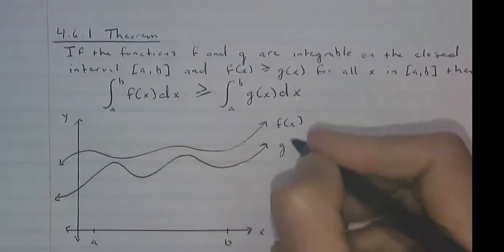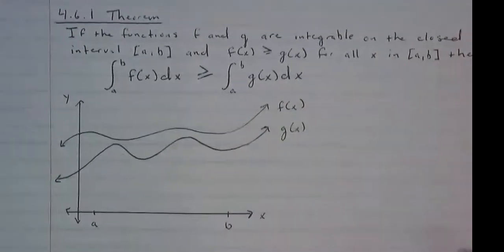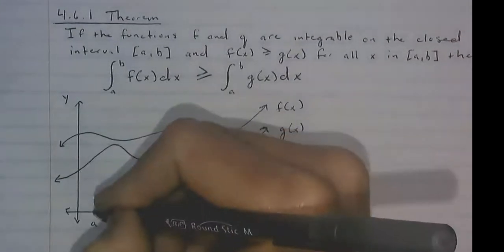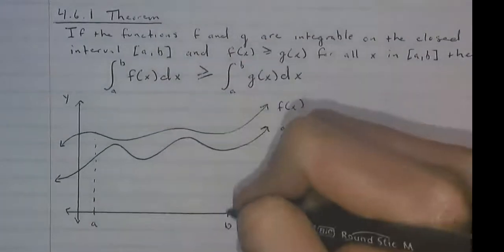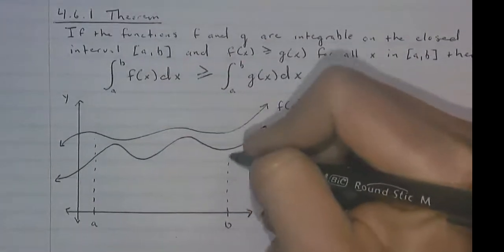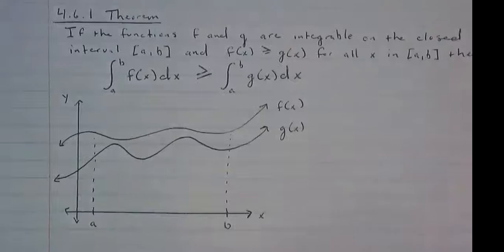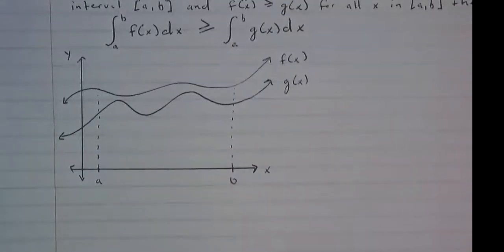Call that one g of x. Interval goes from A to B. All this theorem says is that the area underneath g of x, we'll use blue. Do I have blue pen? I did. Here it is.